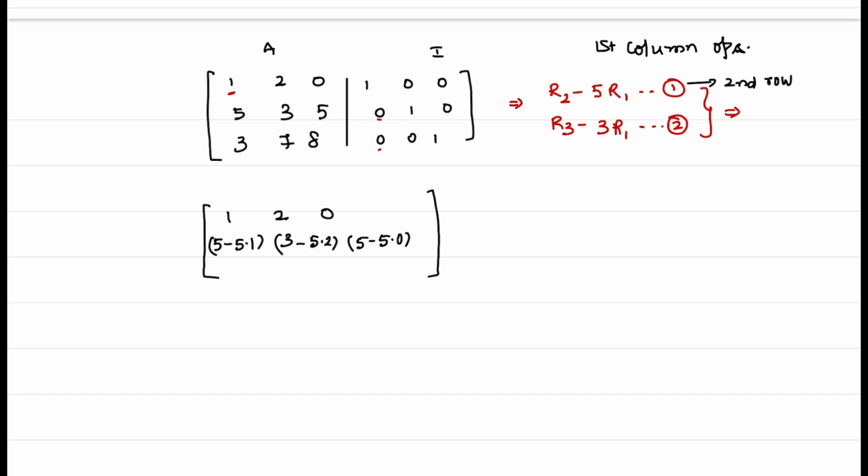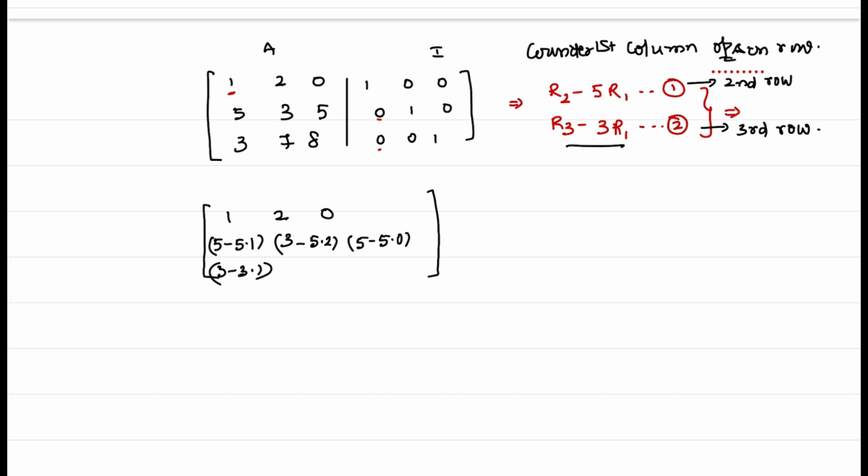Consider the first column and operate on rows. This is the second row operation, this is the third row operation. Are you able to understand? When you operate on the third row, what happens? R3 minus 3R1. R3 is 3, minus 3 into 1.